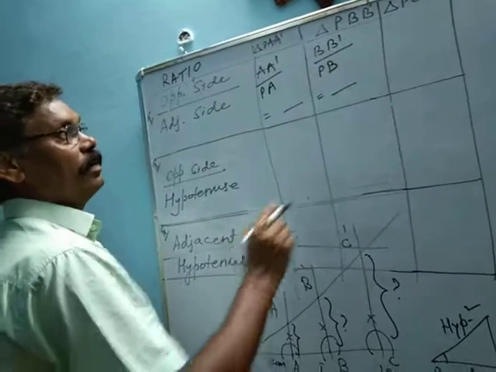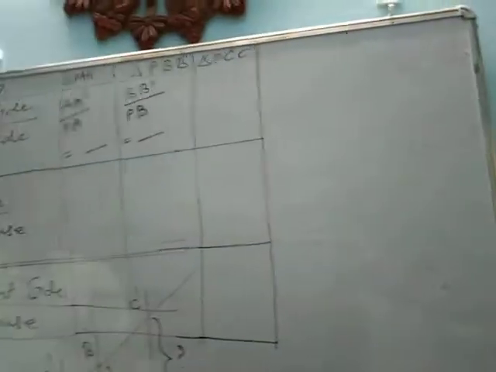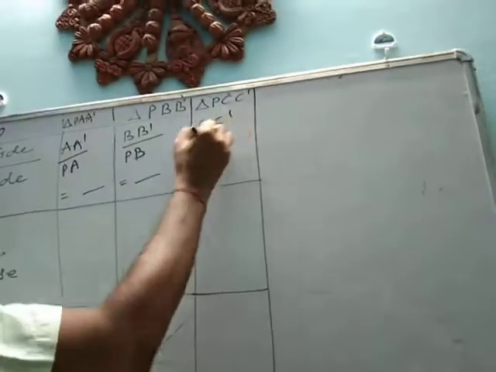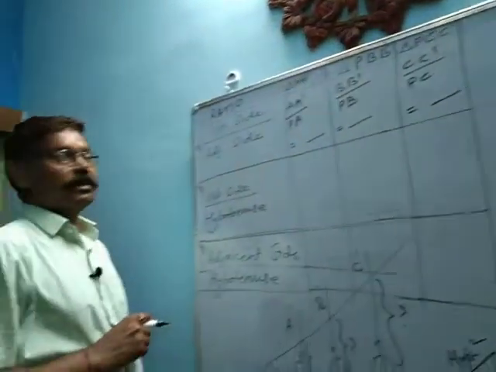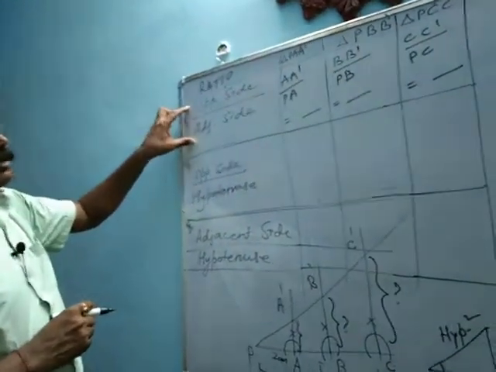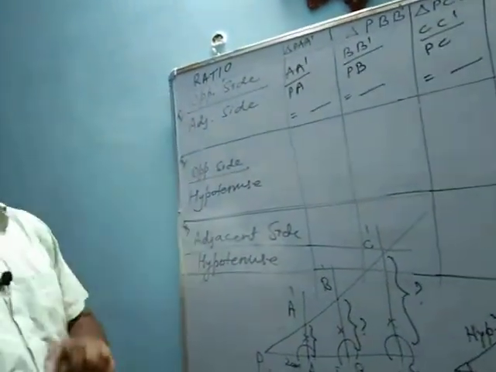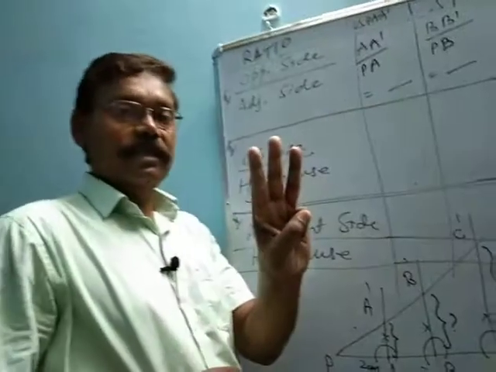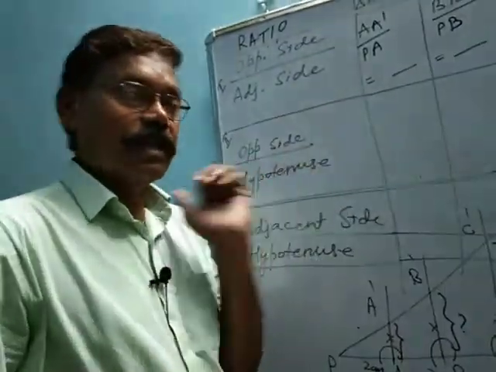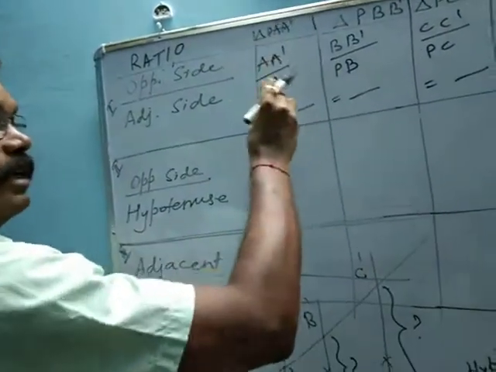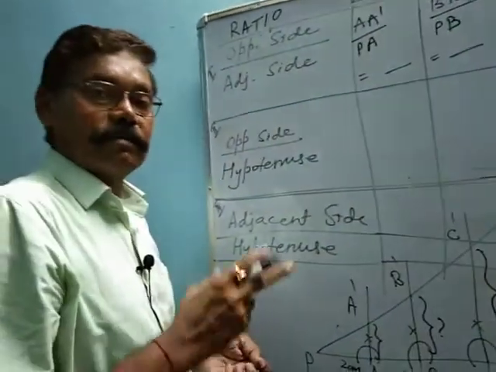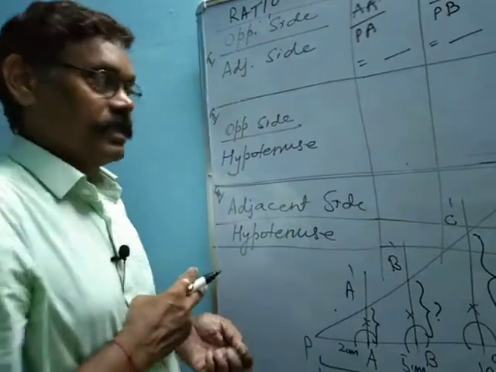Calculate, write its value and same thing you have to do here. Now I think you have understood. Opposite will be CC dash upon PC. Again calculate. So opposite side upon adjacent side, we are experimenting with three different triangles to find out its value. You will know the value when you put the value, calculate and get the answer. Let it come up to 2 decimal places.